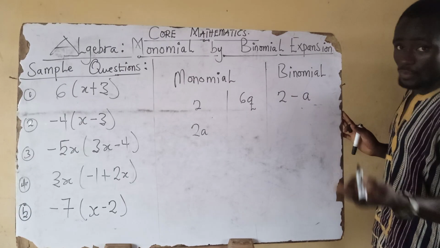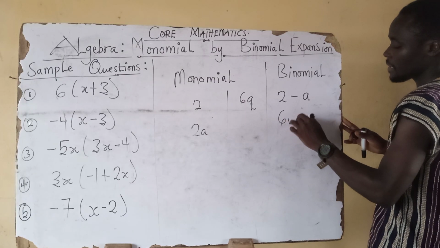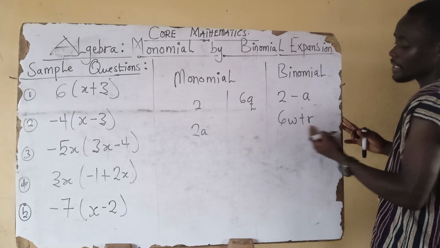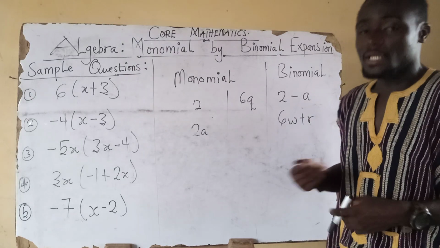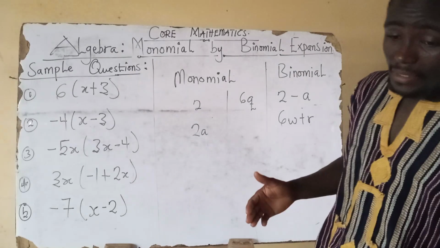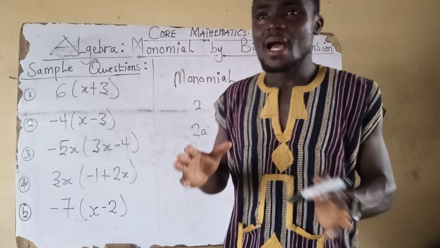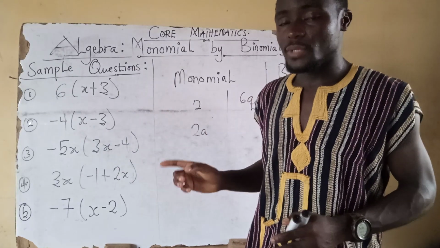I can also have something like 6w plus r. This is also a binomial. So an expression containing two terms is what we call a binomial. So we are going to look at how to find the product of a monomial and a binomial.